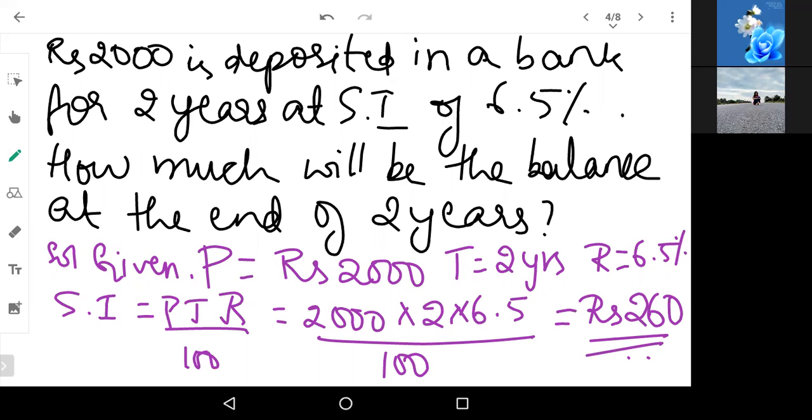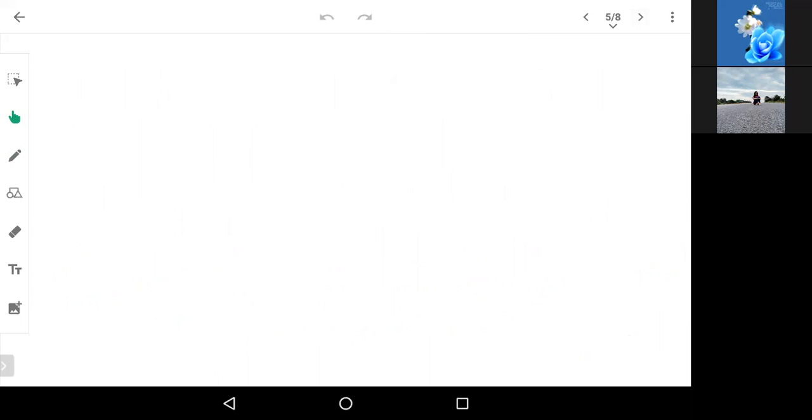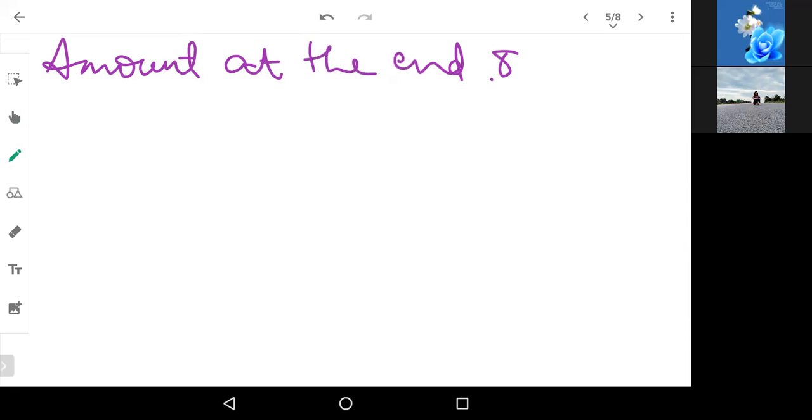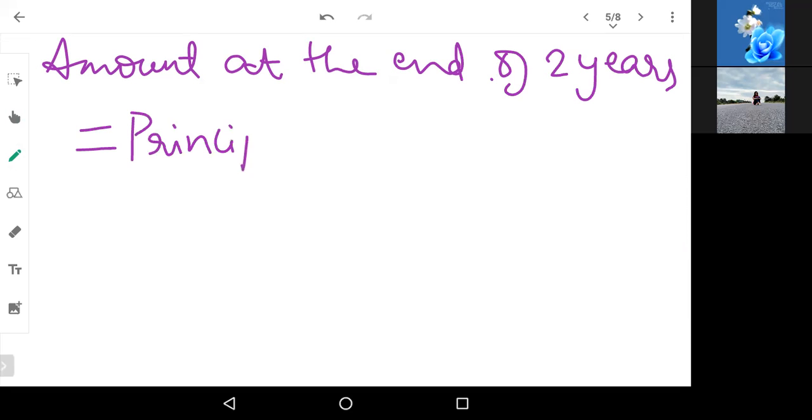Now read the question. Correct, answer is right. Read the question. How much will be the balance at the end of 2 years? So we have to say them the total amount at the end of 2 years. Now when you have to calculate the total amount, it means you have to calculate the amount at the end of 2 years is equal to principal plus interest.